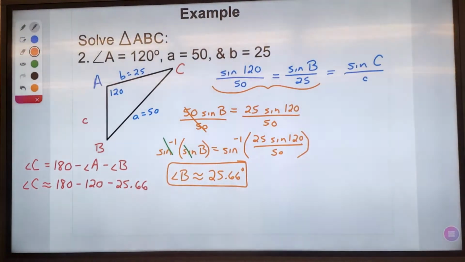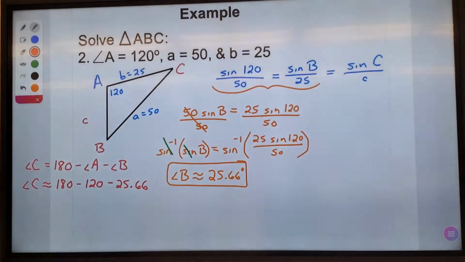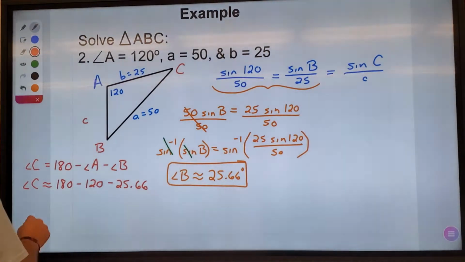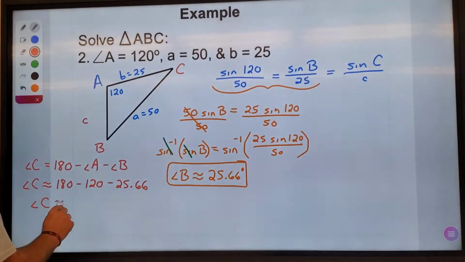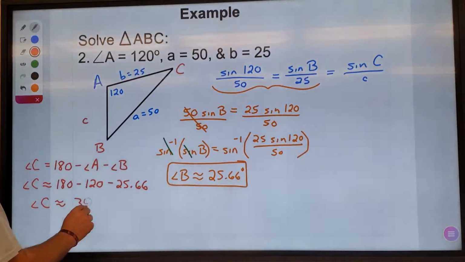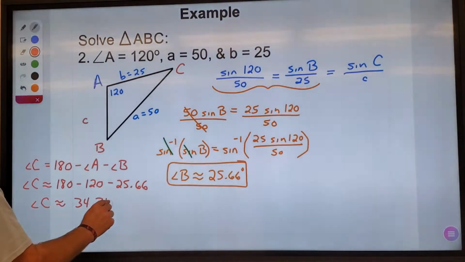I'm using approximately because angle B is not exactly 25.66; it's rounded off. So this gives my value for angle C to be approximately 34.34 degrees.